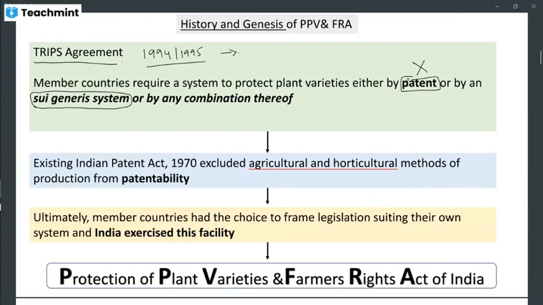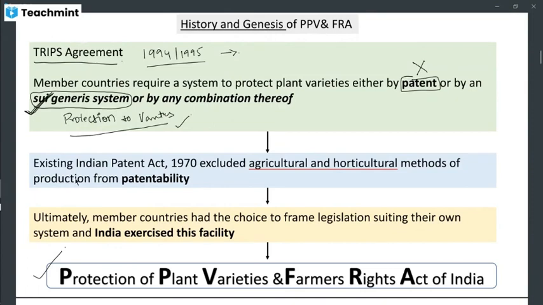The only other option left is designing a sui generis system, that is a new system. India exercised this option to facilitate protection to the plant varieties. And there comes the establishment of PPVFRA, that is your Protection of Plant Varieties and Farmers Rights Act.